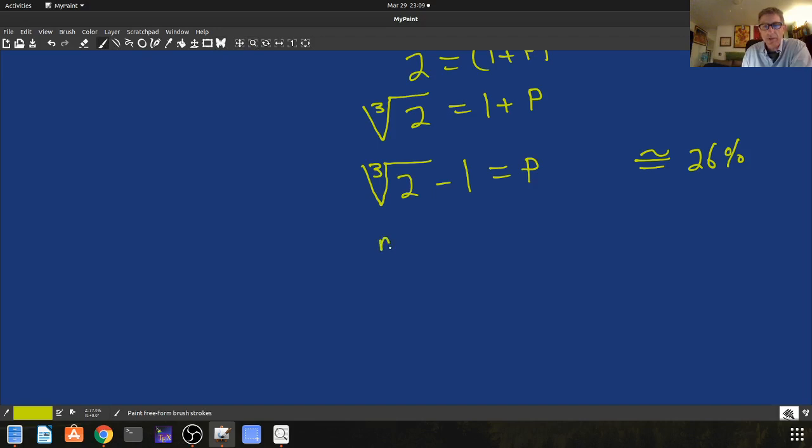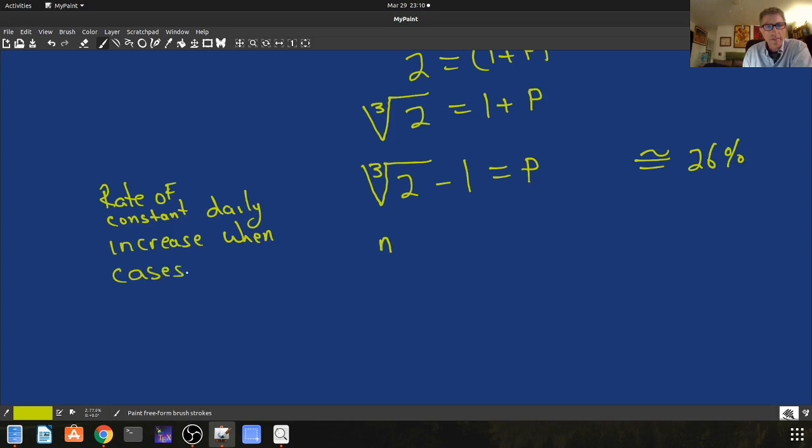in other words, the formula I'm deriving, is the rate of constant daily increase when cases double every n days.